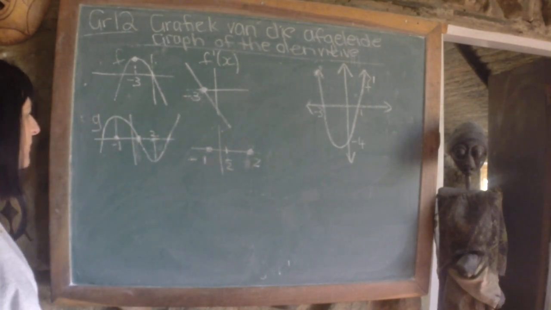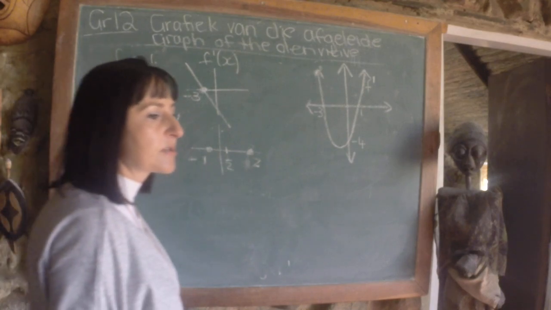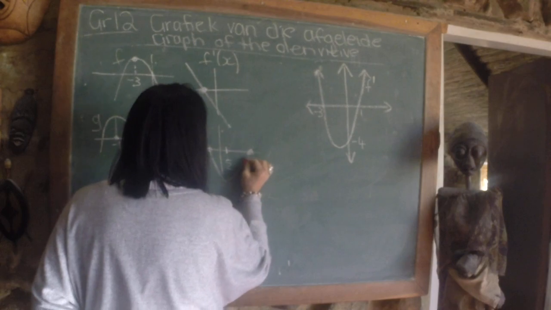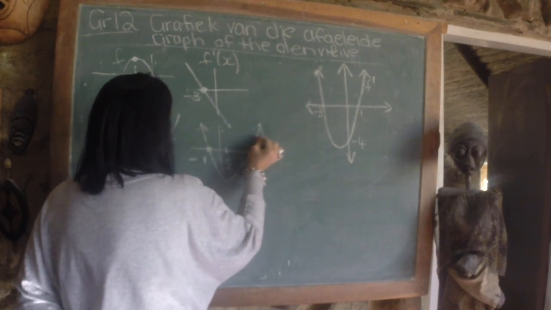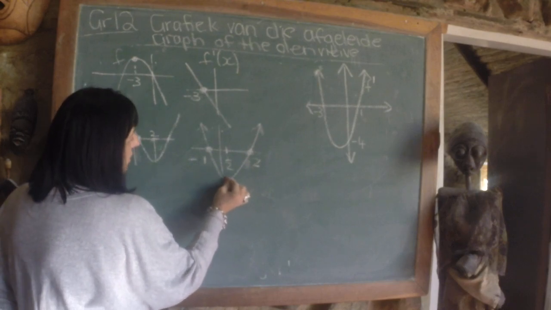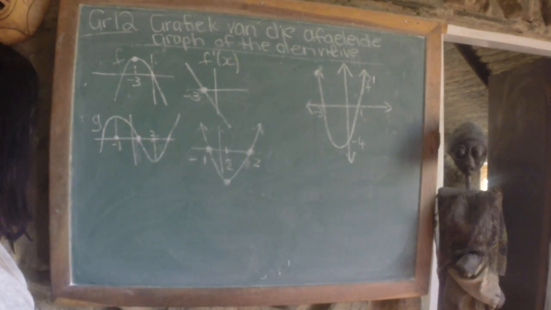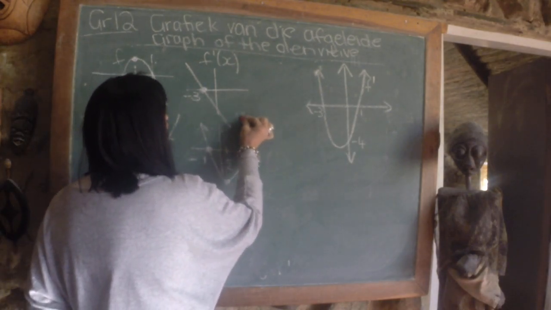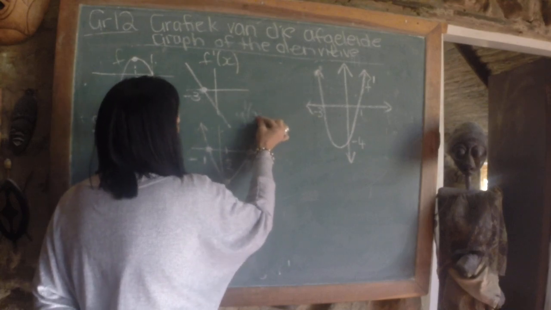It's decreasing at first, so it's going to be a smiley face parabola. So if you draw that, then the x-intercepts are going to be at -1 and 2, and then your turning point's x-value is going to be a half. That's the point of inflection. Rofwerk sketse van my afgeleides, as ek my werk ken.